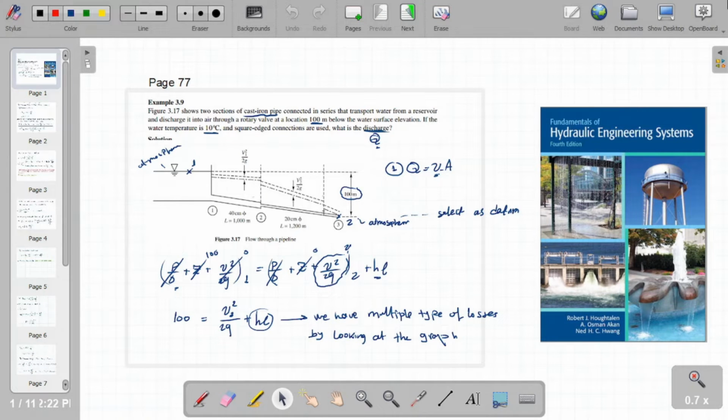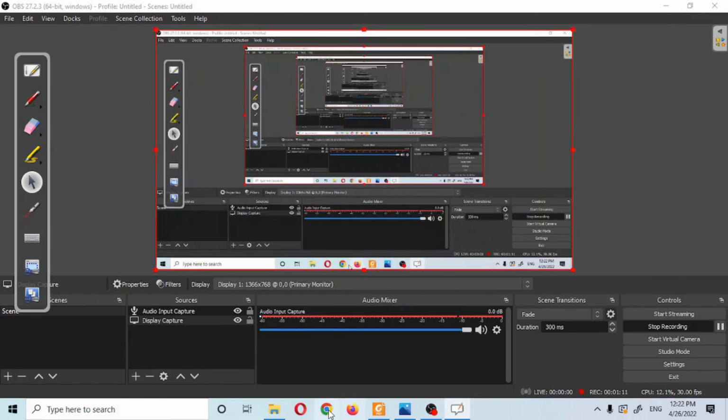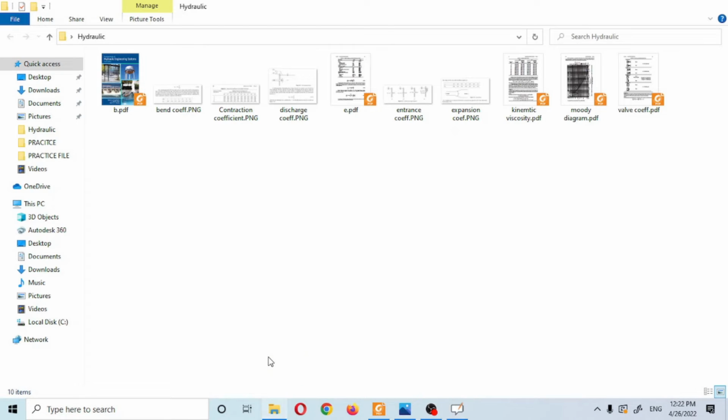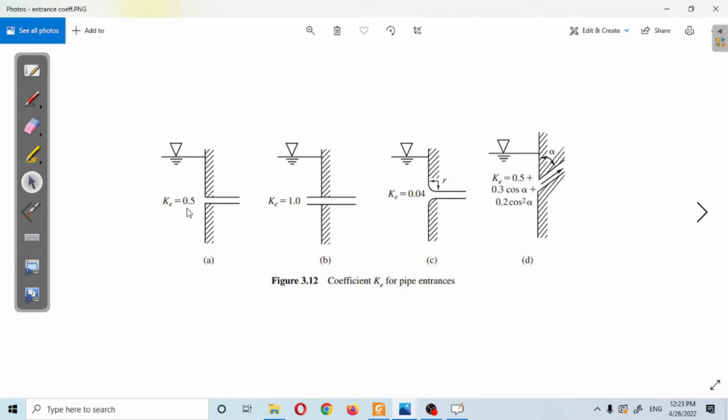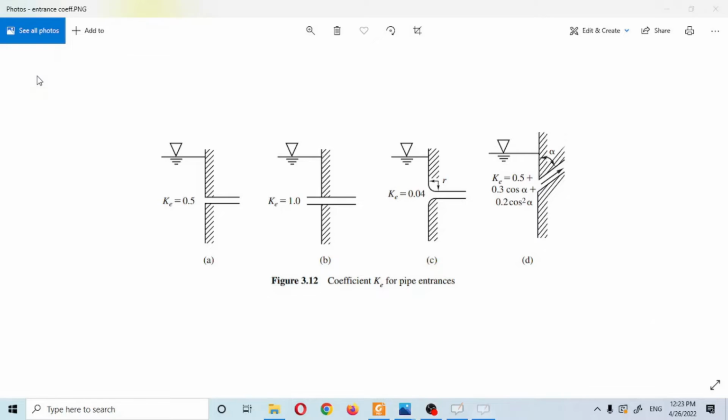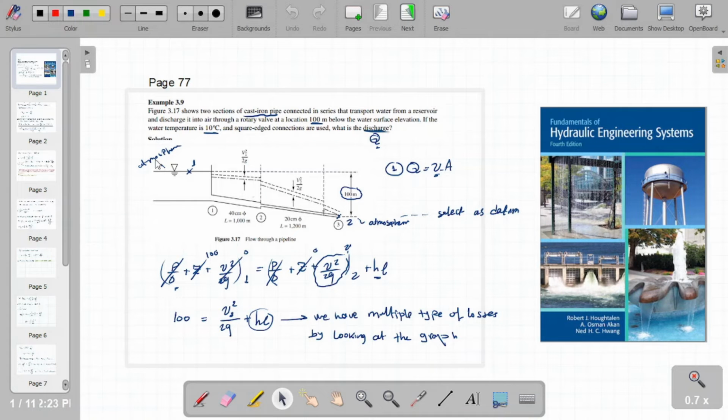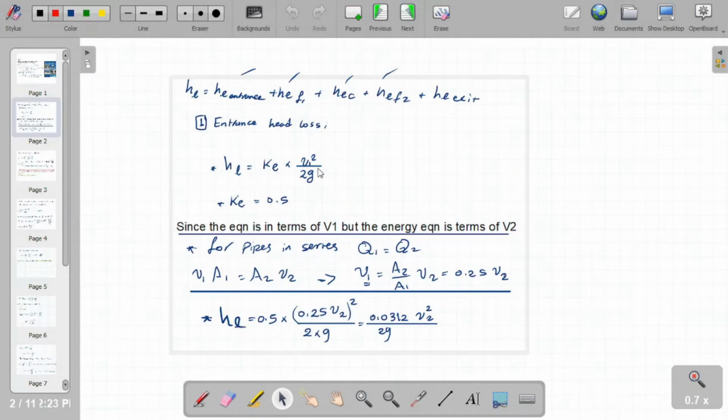We observe this figure, and in the book it's referenced if you look through the chapters. It is 0.5 because of the way the pipe is shaped at the entrance. So 0.5 times V1 squared divided by 2 times the gravity acceleration.